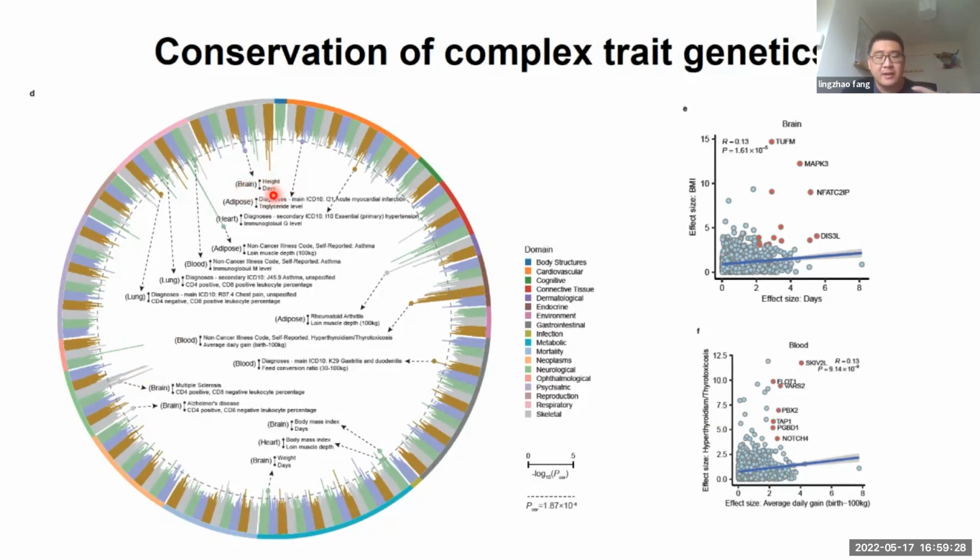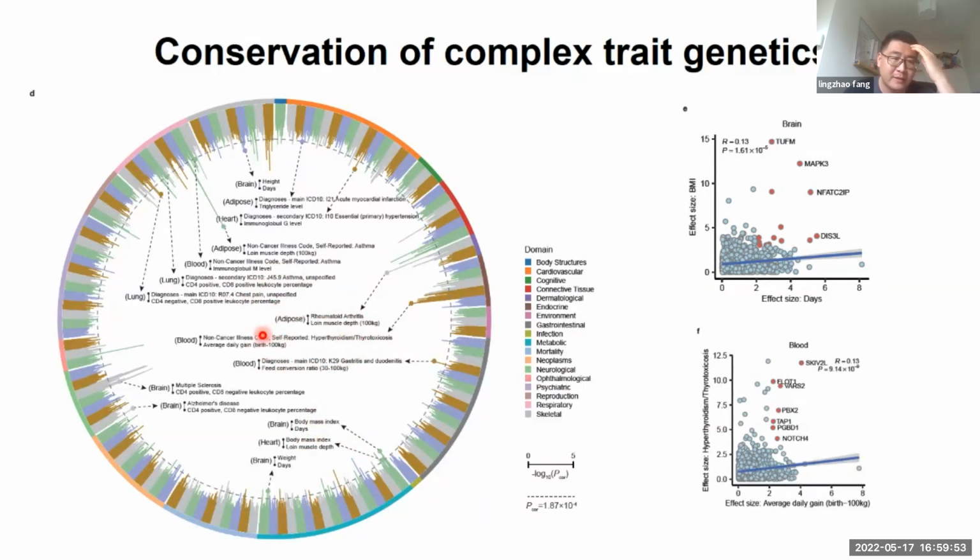This just means how many days it takes for the pig to grow up to 100 kilograms in 30 weeks. Also in the brain, we can see the BMI is very significantly related to the days, and all the other things were found.